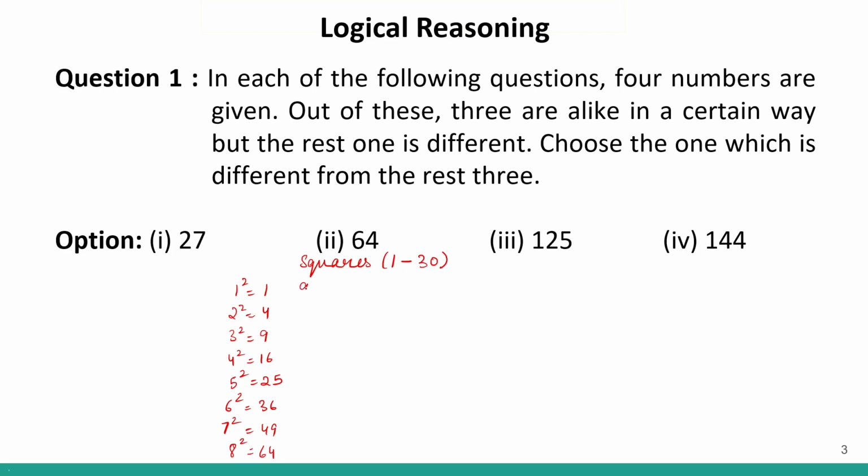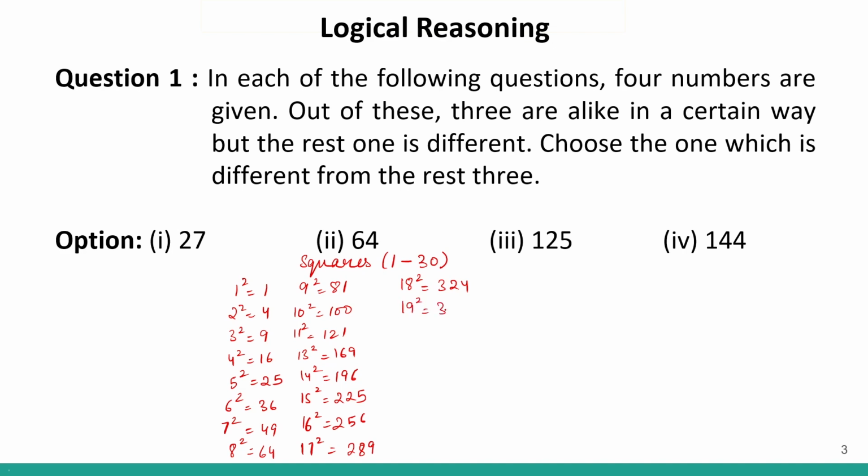Then 9 square is 81, 10 square is 100, 11 square is 121, 12 square is 144, 13 square is 169, 14 square is 196, 15 square is 225. Then we have 16 square which is 256, 17 square is 289, 18 square is 324, 19 square is 361 and 20 square is 400.